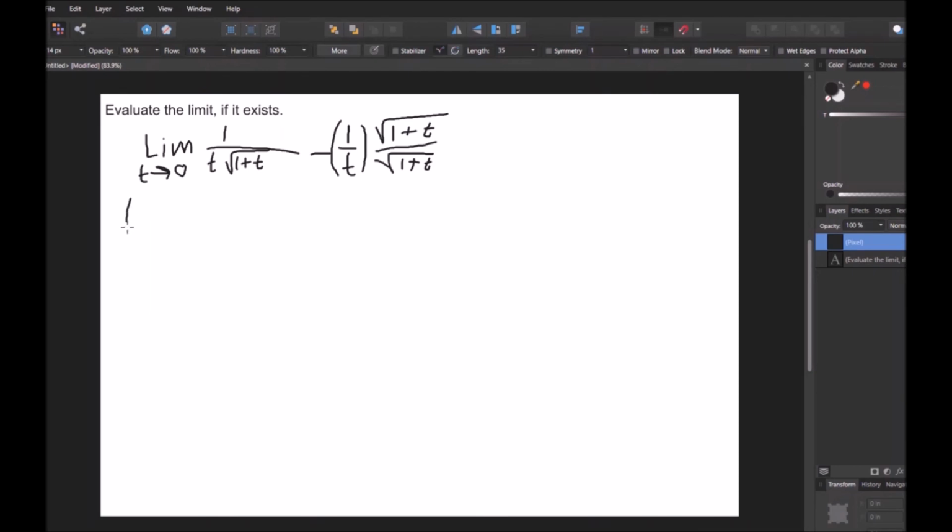And I'm going to make this the limit as t approaches 0 of 1 over t times square root of 1 plus t. And then this is going to be minus square root of 1 plus t over t times the square root of 1 plus t.